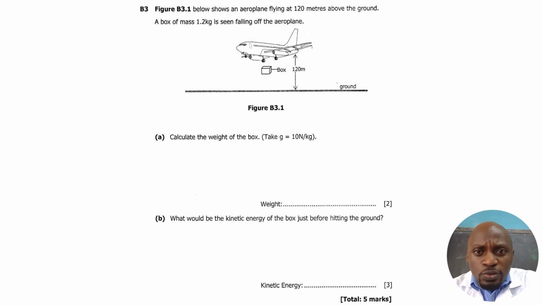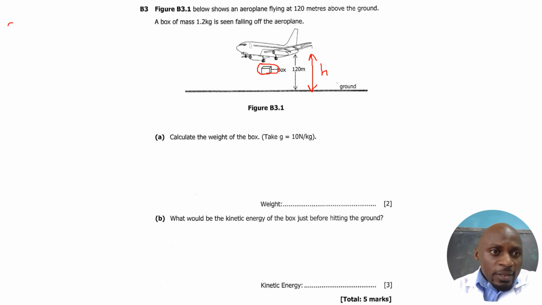So as we've been told, we have a box of mass 1.2 kg, and it's seen falling off the aeroplane at a height of 120 meters. So that's the height.